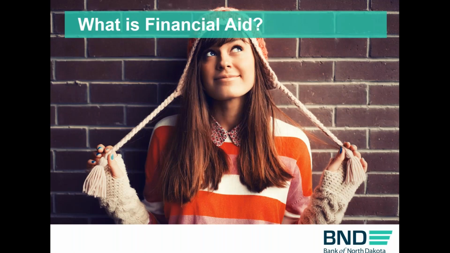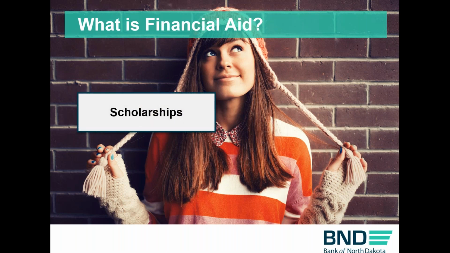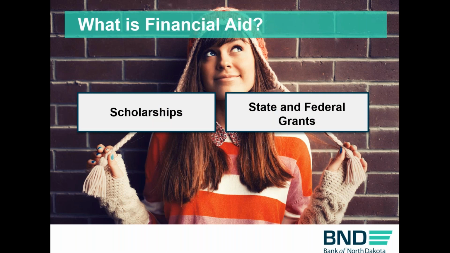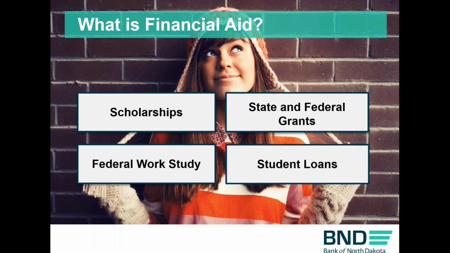So how do you pay for school? A lot of students, the first place to look is through financial aid. So what is financial aid? Financial aid is considered any scholarship, any state or federal grant, any federal work study, or any student loan that you use to help pay for college.